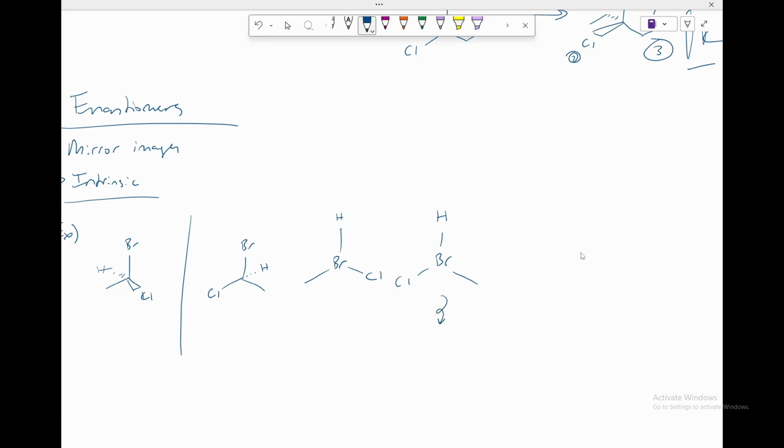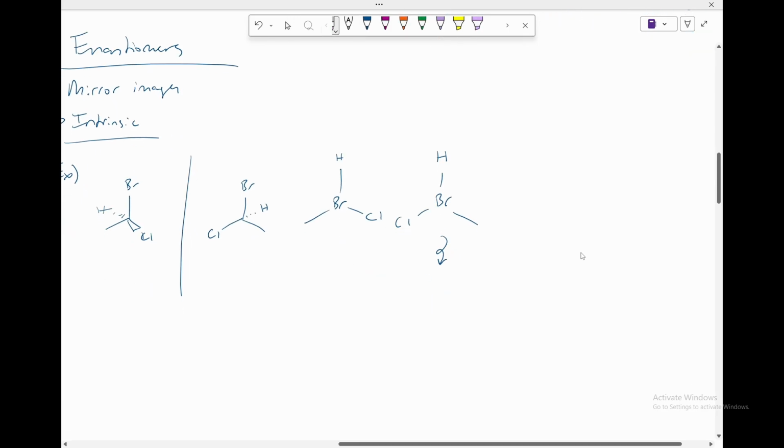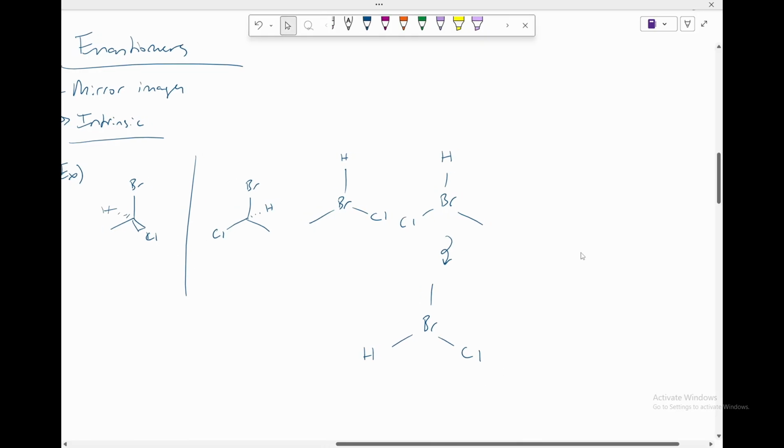So if I rotate it, sure, I could probably have the chlorines match up. Chlorine's right here, but then the methyl will end up here, and the hydrogen will be here, right? And that does not match up with this. These do not match up.